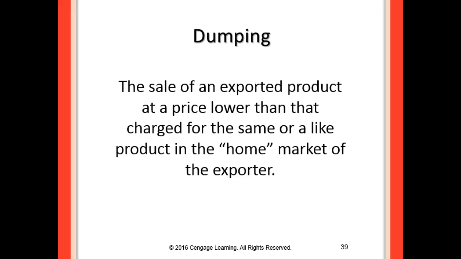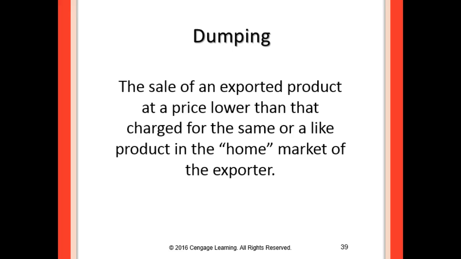Dumping, well, you can see on the slide here what it is, but dumping is commonly regarded as a form of price discrimination, and there's potential anyway to harm the importing nation's industries.